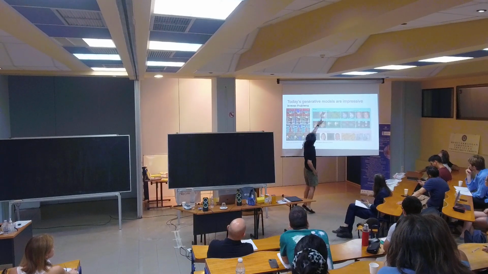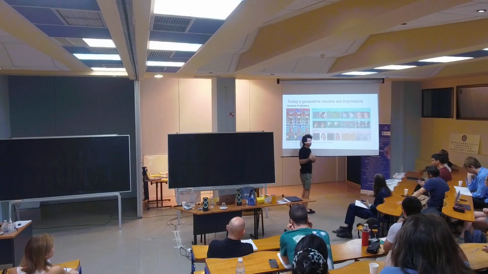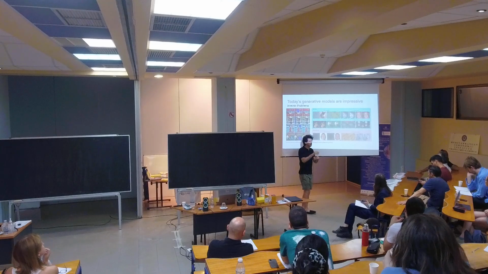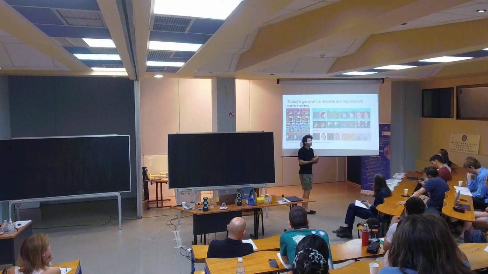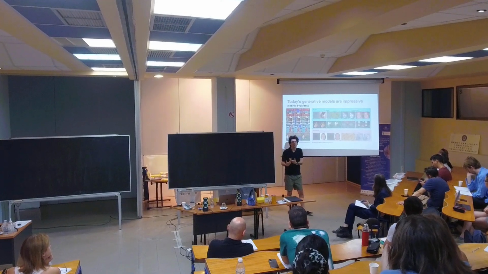So you can use the prior that these models have learned, trained on good samples, to recover the signal that is missing. This is similar to what the human brain does.